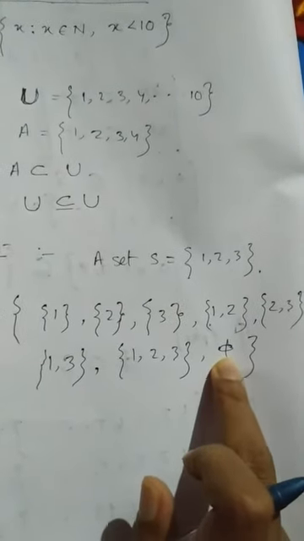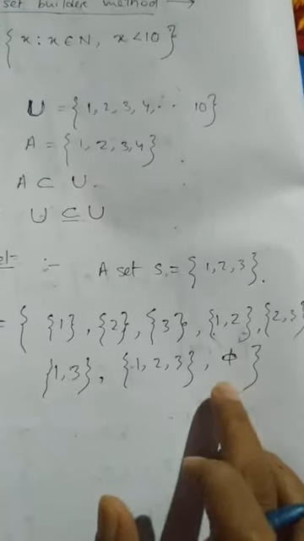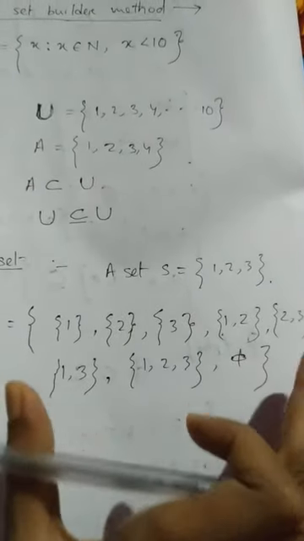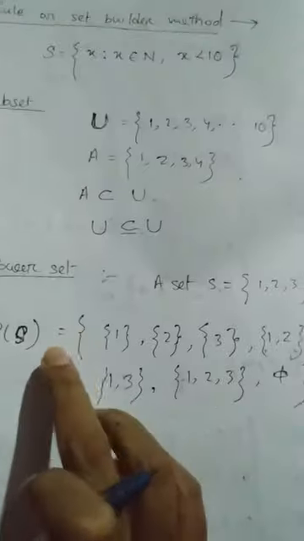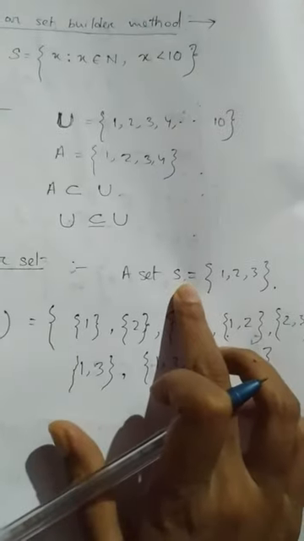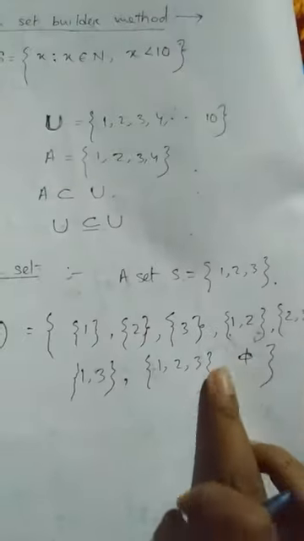Initially I told you that the empty set is a subset of any set, every time. So this collection of all the subsets is the power set of S. 1, 2, 3, 4, 5, 6, 7, 8, eight elements are there.